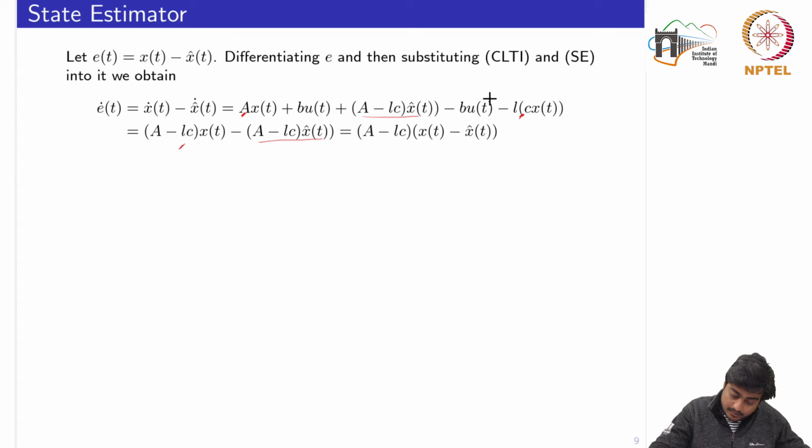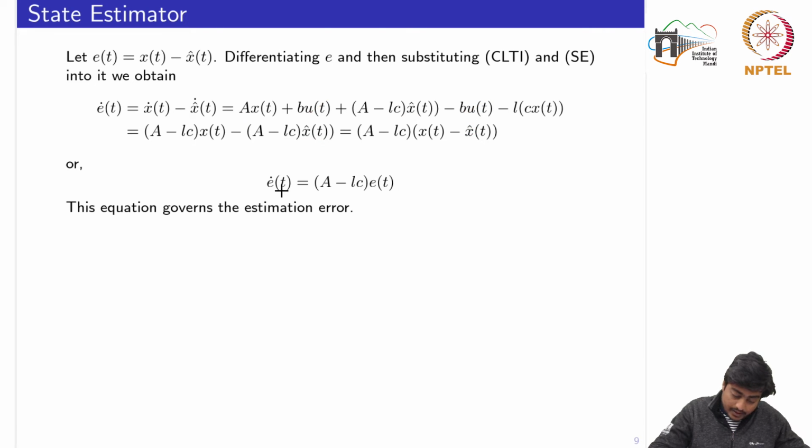This Bu part will get cancelled out. For the remaining part, taking the factor A minus LC common, we will get A minus LC times x of t minus x hat. Or I can represent e dot is equal to A minus LC times e of t, and this equation governs the estimation error.